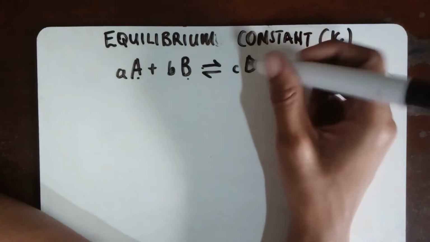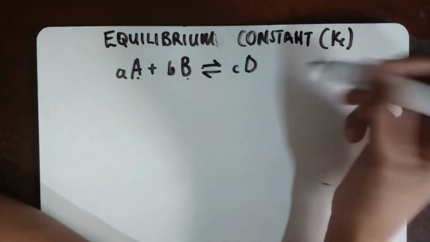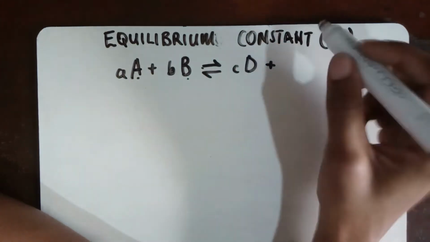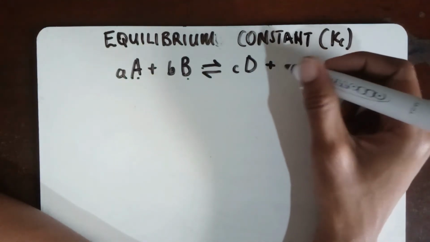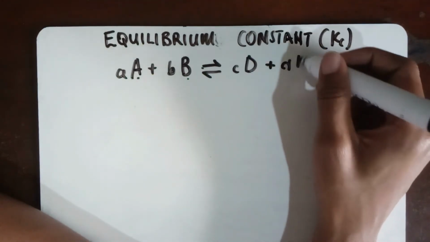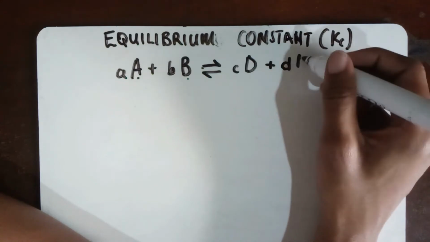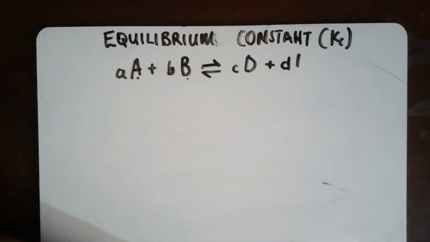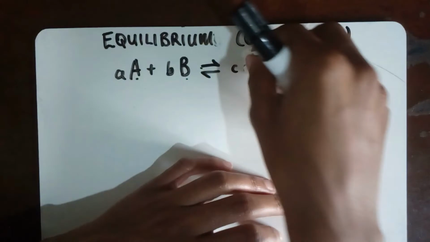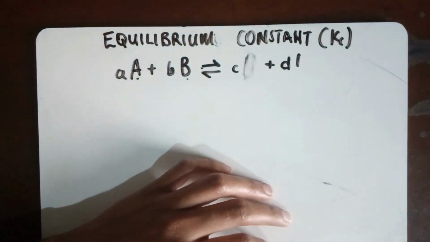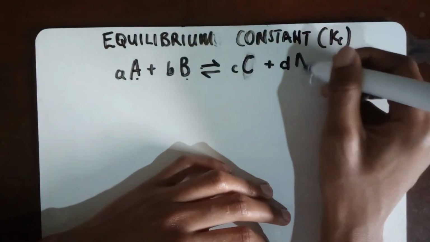So it's a reversible reaction, which we show by those two arrows. It means that reactants can produce products, but products can also be converted back into reactants.